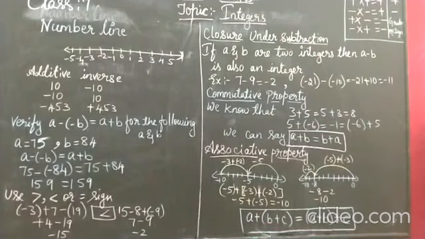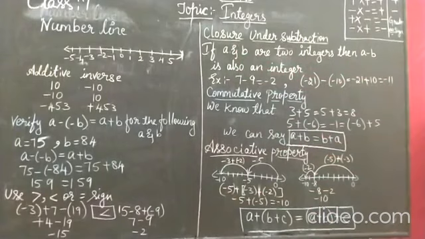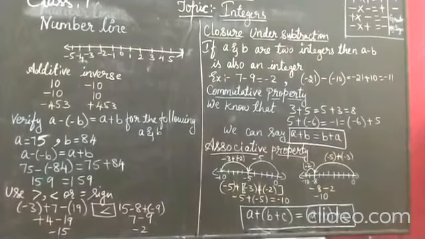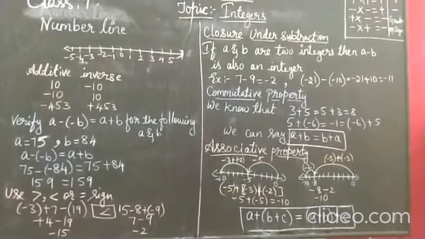The first law is closure under subtraction. If A and B are two integers, what is the answer here? The answer also always comes as an integer. If two integers are added or subtracted, the answer is always an integer. That is what the closure property says.